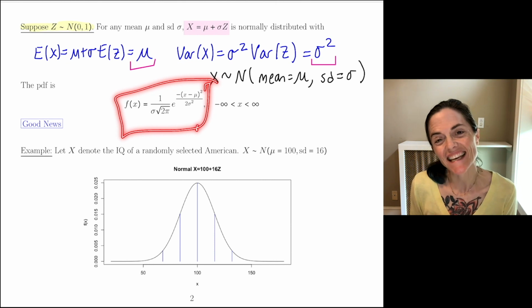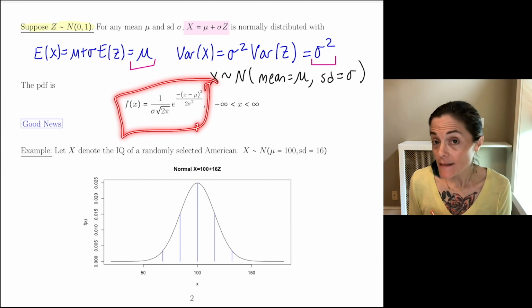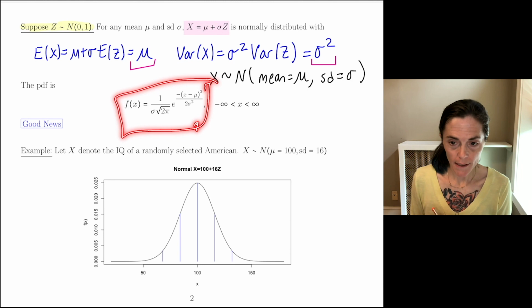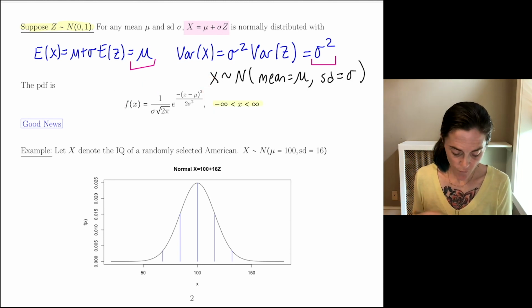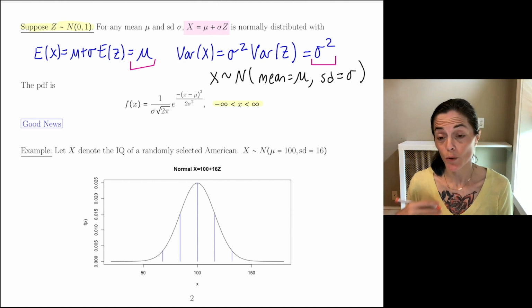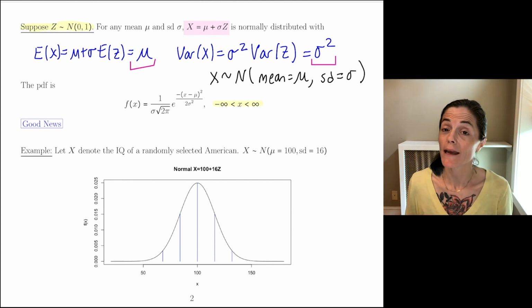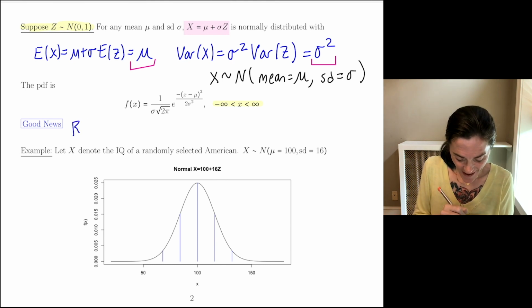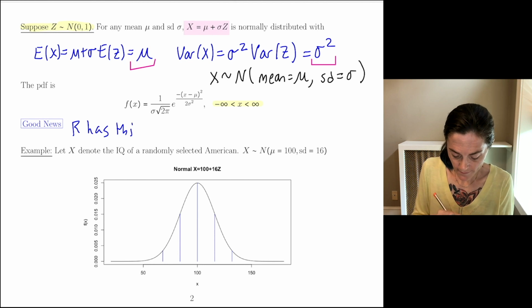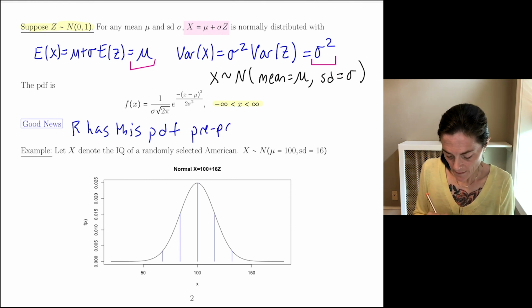Now, the PDF, well, oh my goodness, this is quite intricate. It's even more intricate looking than when we had mean 0 and standard deviation 1. Now, the good news, as intricate as this formula looks, we do not need to memorize it or be able to calculate with it by hand. So R has this probability density function pre-programmed.